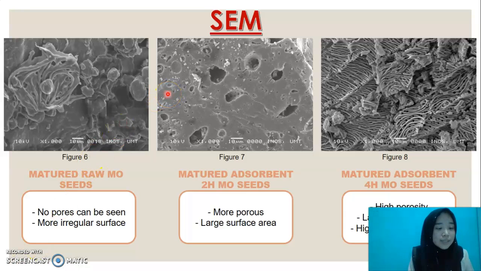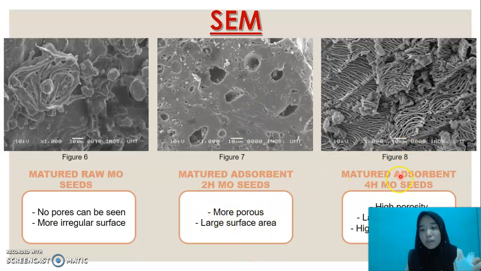So this is the SEM, scanning electron microscope results. We can see here that for matured raw Moringa oleifera seeds, there are no pores to be seen and they have more irregular surface. But when we activate using H2SO4 for 2 hours, they are more porous and have large surface area.